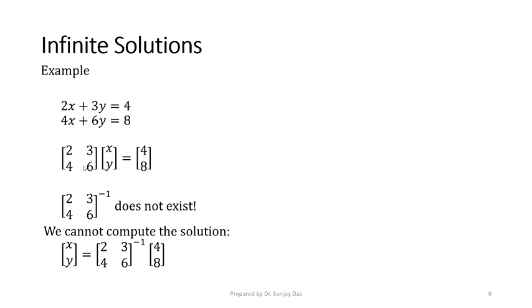And so we again try to solve it. We know that this matrix here cannot be inverted, so we cannot compute the solution. But basically these two are the same, right? So this actually has infinite solutions. It's like one equation and two variables.